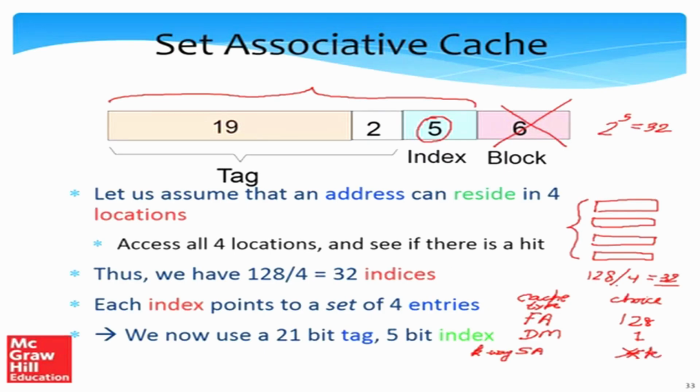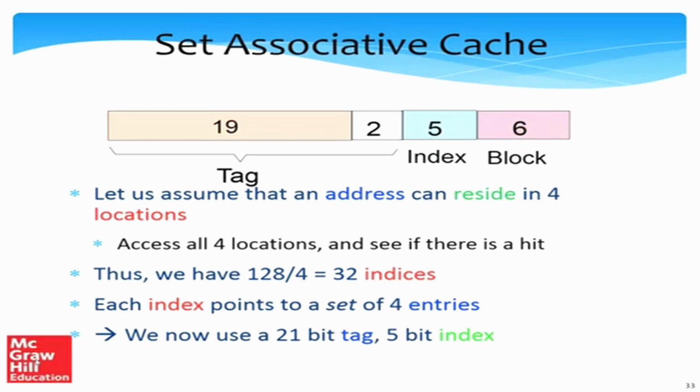If you want me to explain it in a different way, I can do that as well. Let me just clean up the ink on this slide. What we can do is take all the 128 entries and group them into sets of 4 each, right?